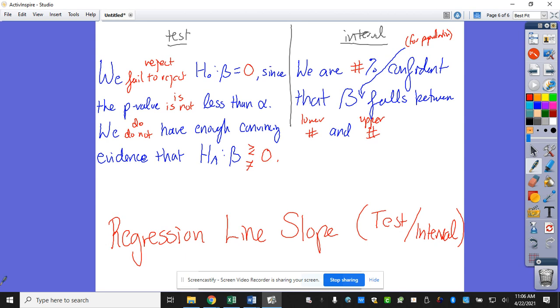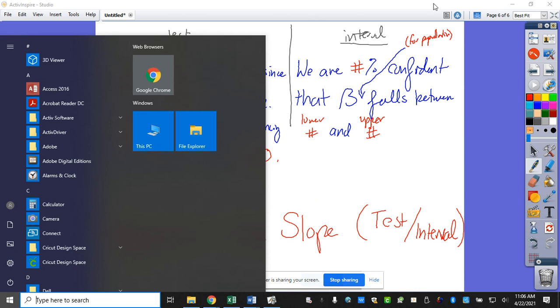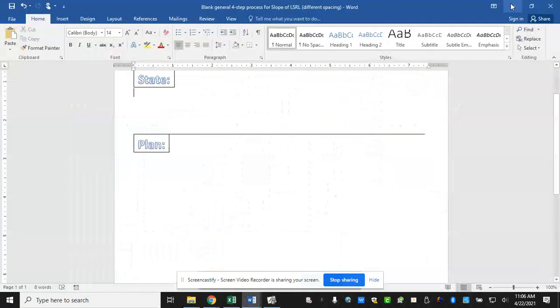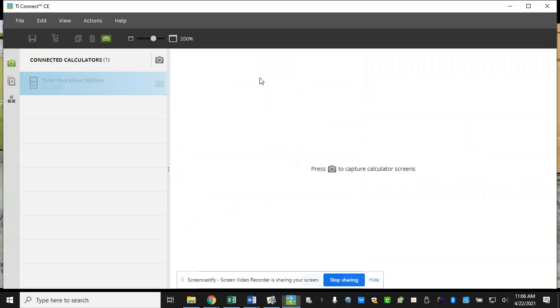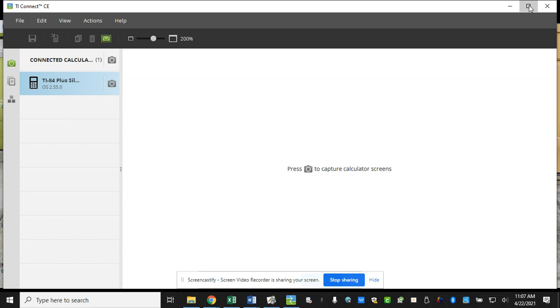So we've got our numbers in list 1, list 2. What's the first thing that we're going to do? Make a scatter plot. So basically, I want to see if it's worth my time.